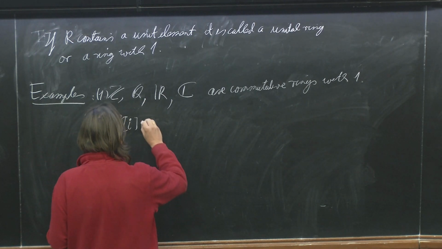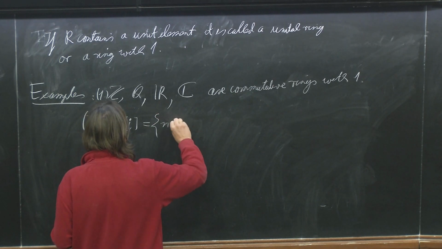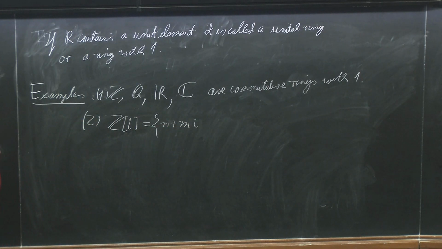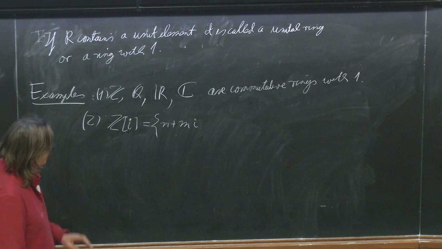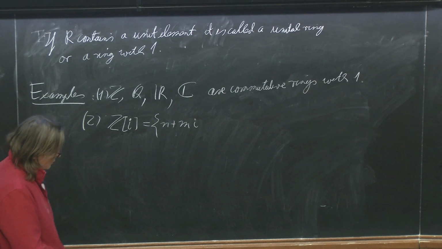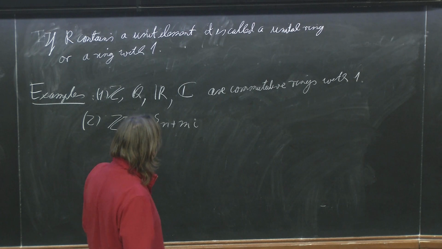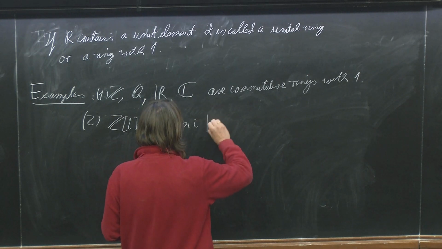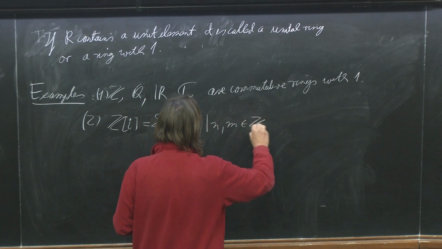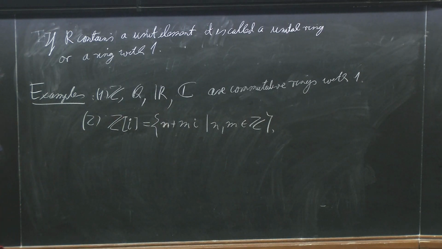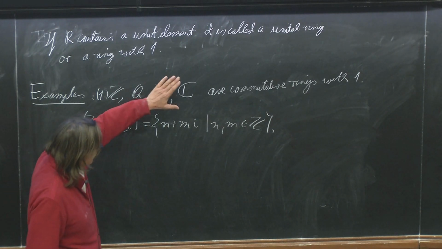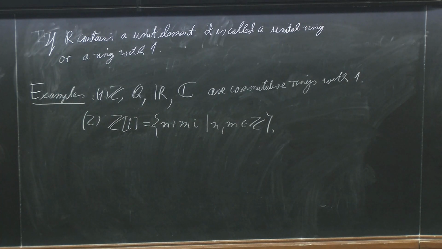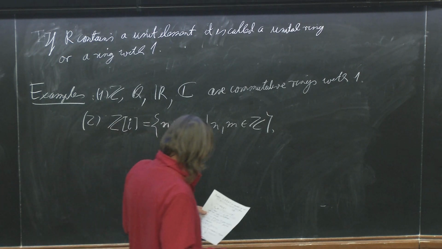This is the set of all n plus m i, where i is the complex unit in the complex numbers, so e to the pi i halves, with n and m in Z. If you view the complex numbers as a plane, these are just the lattice points where all the coordinates are integers.